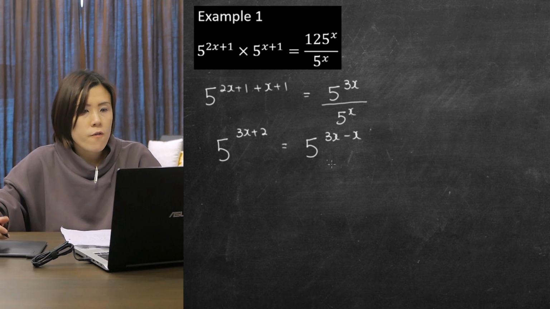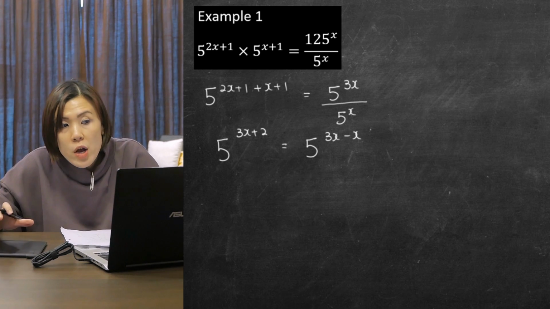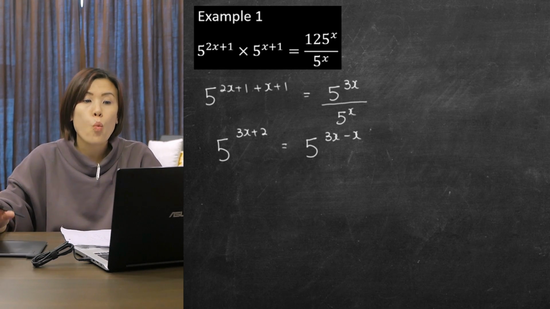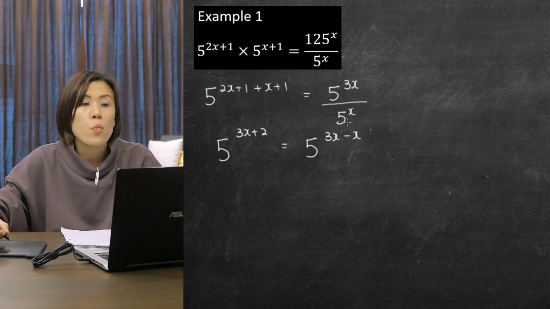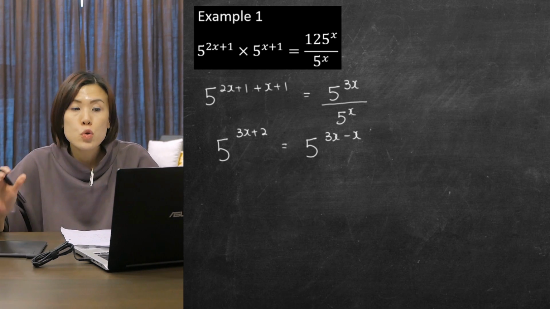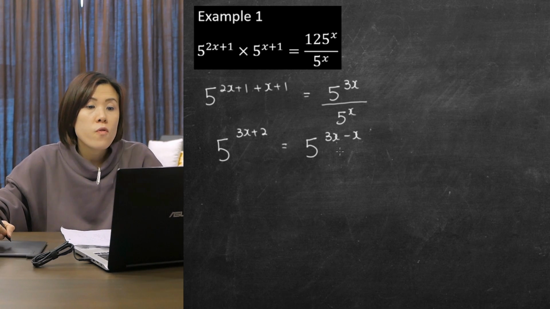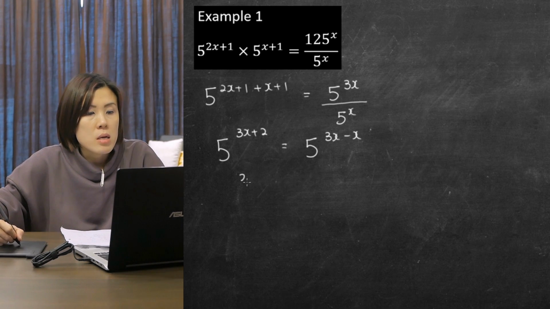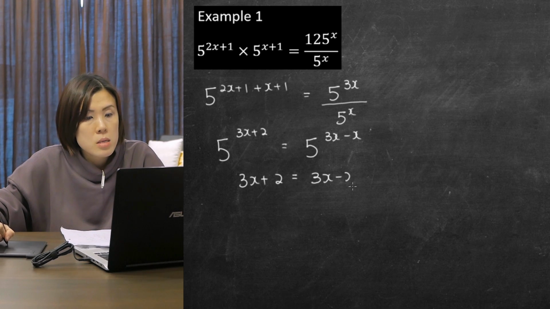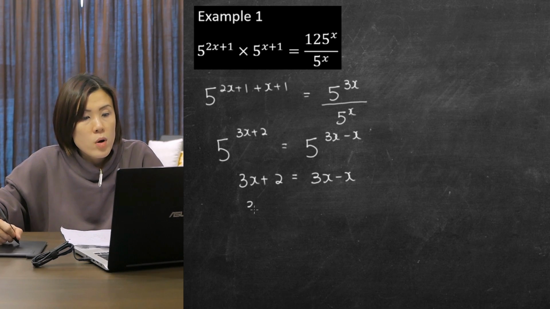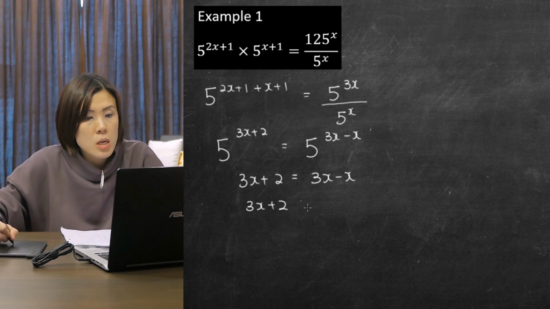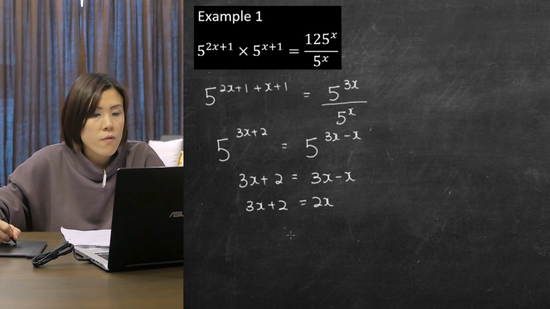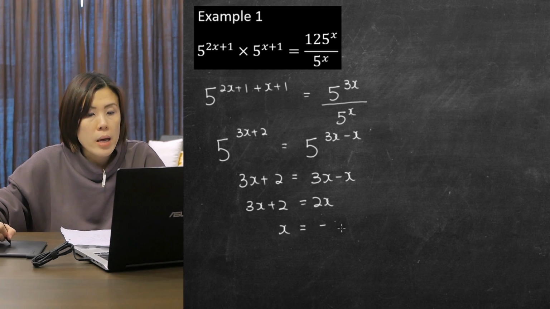Since both sides of the equation are simplified as one index with the same base, and these two sides are equal, for this to be true, the power has to be the same. Then we can equate their power. 3x plus 2 equals 3x minus x. Then we have 3x plus 2 equals 2x. Then we have x equals negative 2.